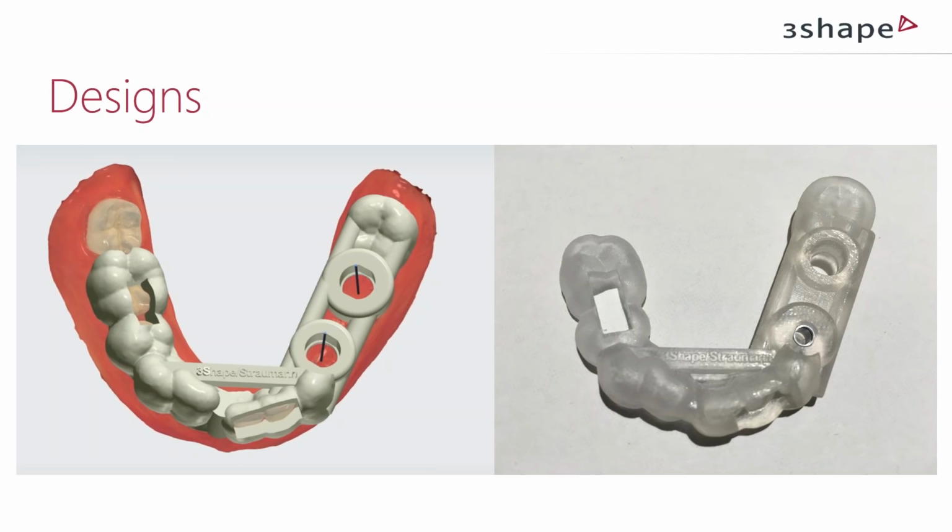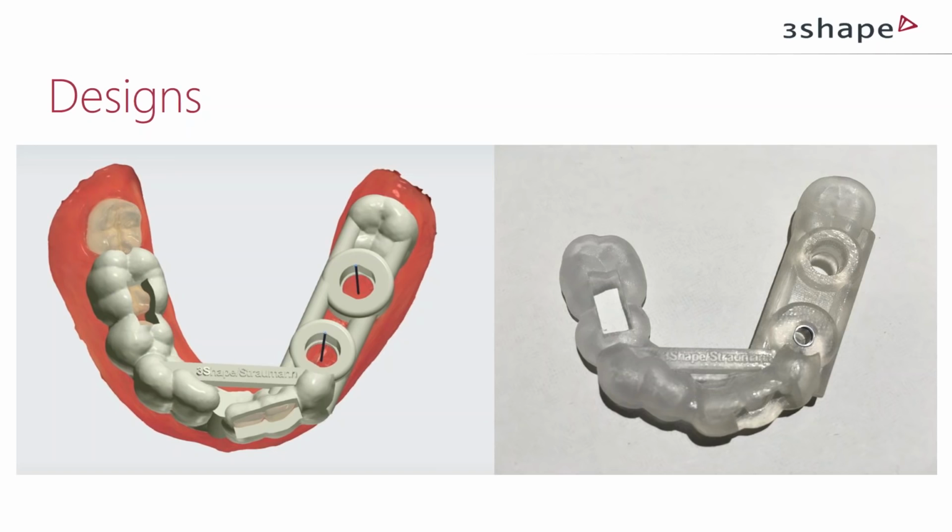It has at least 3 stable points to attach to, good retention, good bars to hold on to, information about the guide and which patient it's for. Also windows to see that it's actually reached the bottom of the tooth and has set firmly. So here we have everything, and later I want to share this guide and how I designed it with you all, and this is also a part of the download that you can get later on.